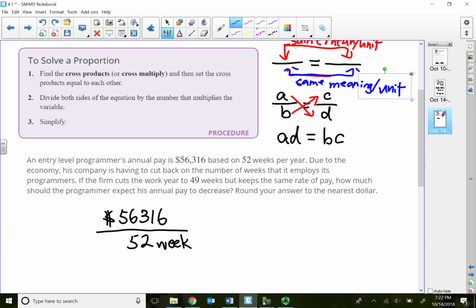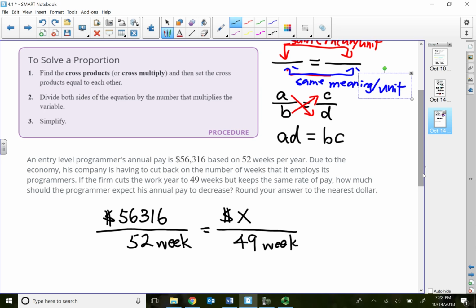We set it equal to X dollars per year, but that's only for 49 weeks. I could also put the dollar amounts on the bottom and the weeks on top, and it doesn't really matter.